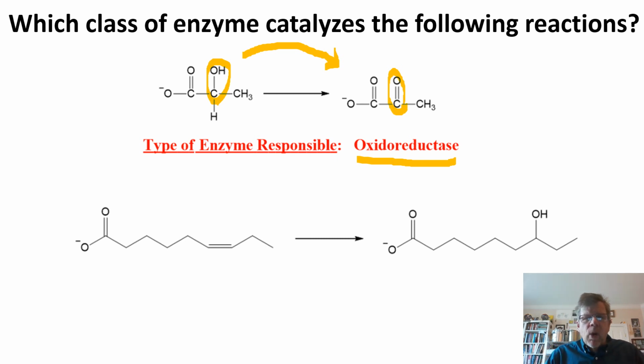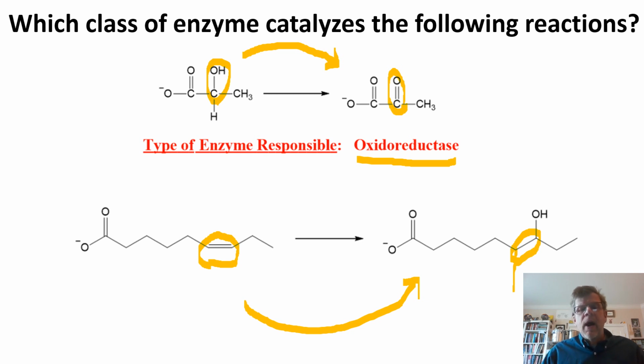The bottom one, going from reactant to product, everything is the same except in the reactant we have this carbon-carbon double bond. Between the two carbons on the product, we've left out a hydrogen because this is done in line drawing, but we can deduce that water was added over this carbon-carbon double bond to form this alcohol.